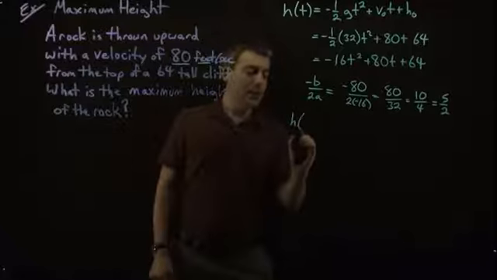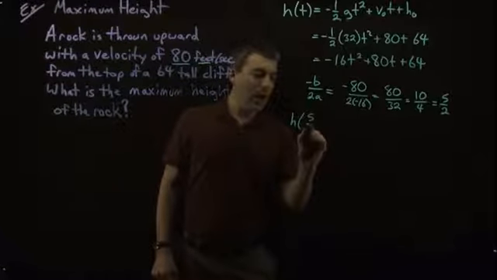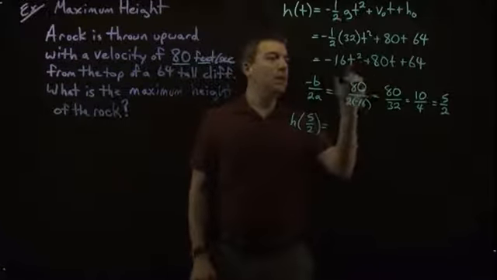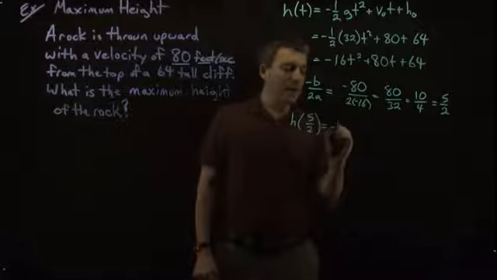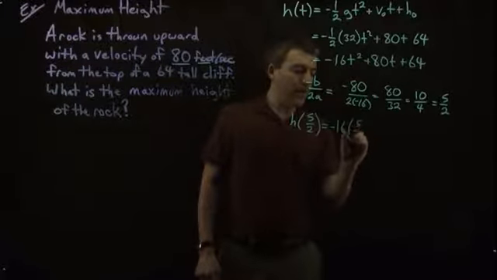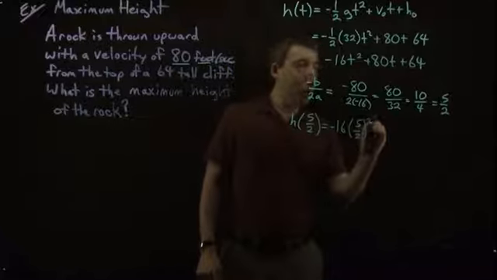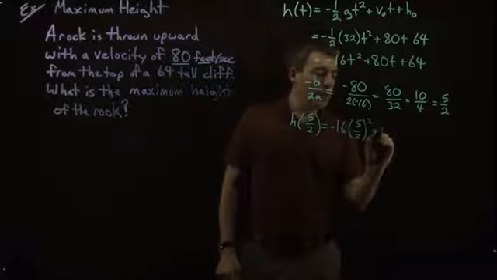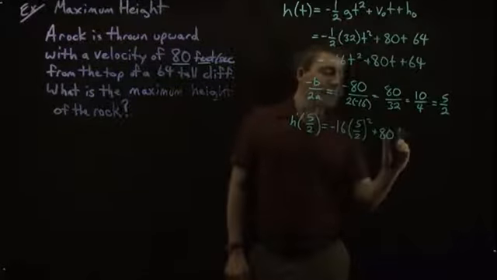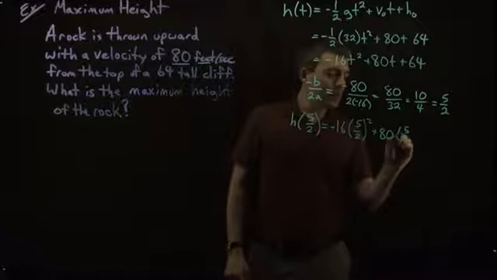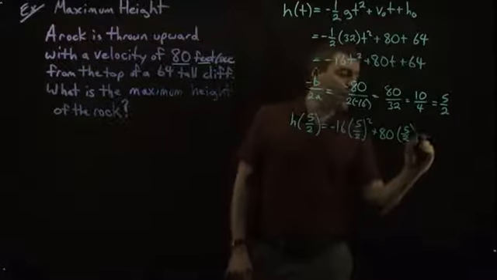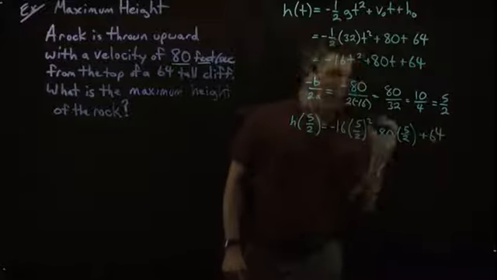So h of 5 halves is going to be, let's take this form, negative 16 times 5 halves squared plus 80 times 5 halves plus 64.